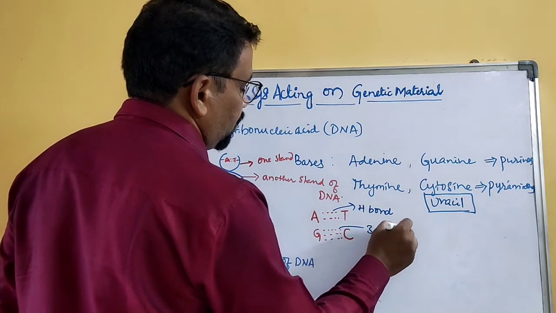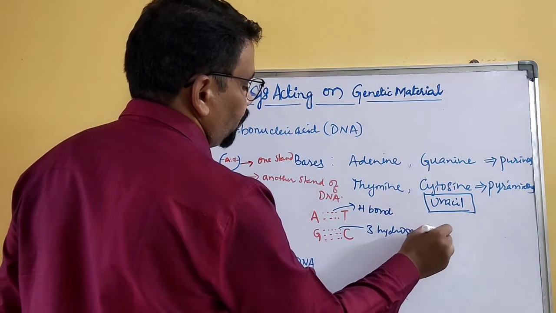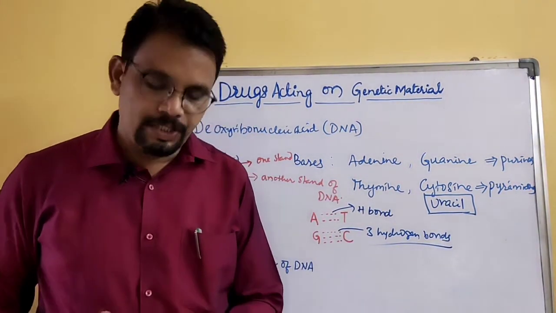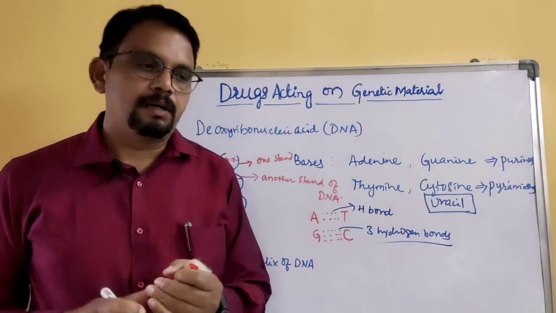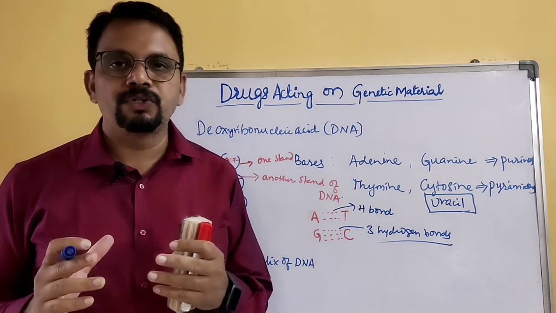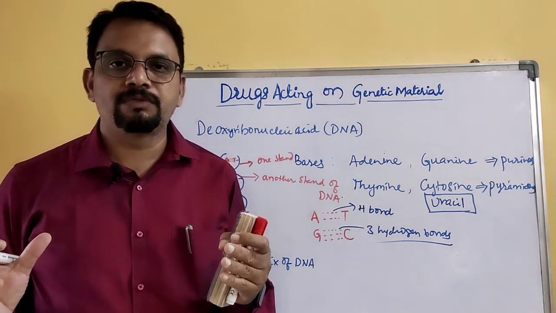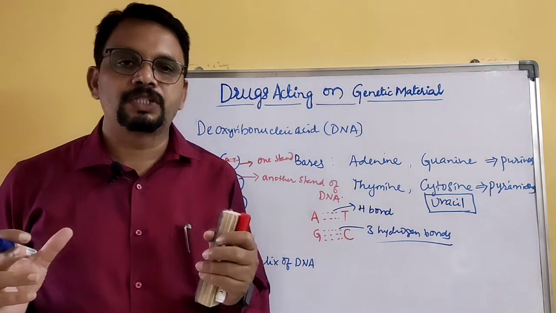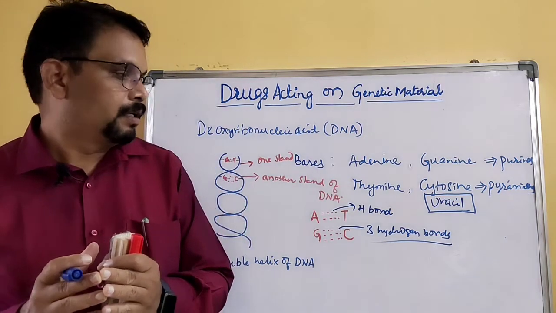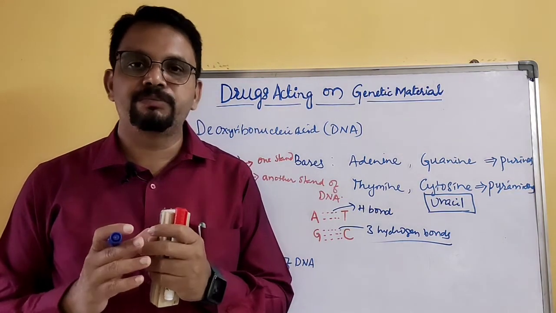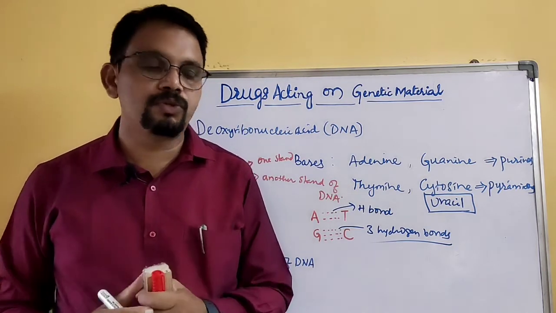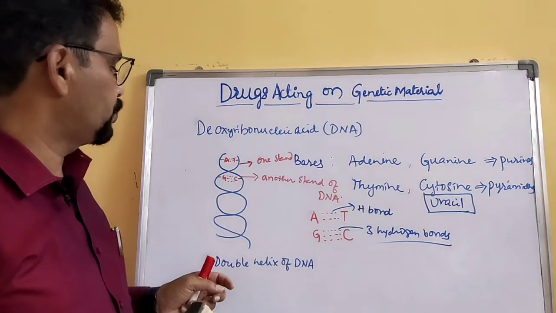What is a hydrogen bond? A hydrogen bond is nothing but the interaction between a hydrogen which is attached to a highly electronegative atom and another electronegative atom. That interaction is called a hydrogen bond.